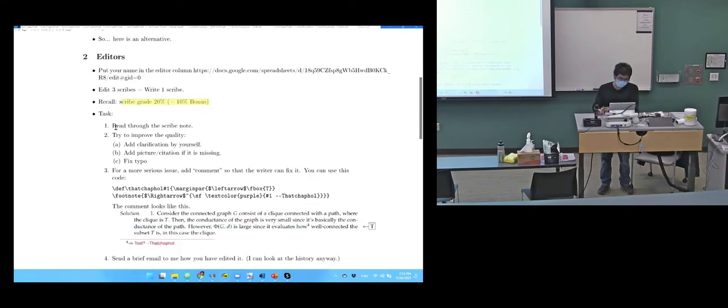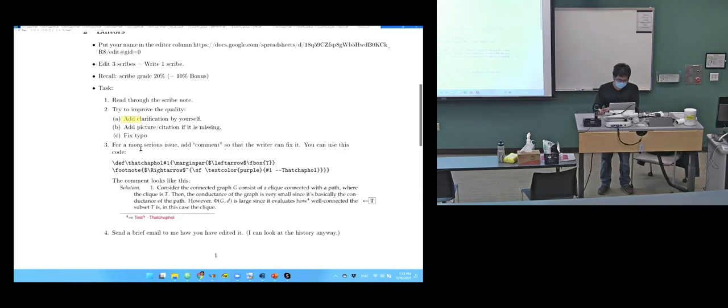The task is just to read through the scribe and try to improve the quality when you see what can be improved: add some clarification, add pictures, fix typos, and so on. If there are more serious issues, you can try to handle things by yourself, but if you want to ask the writers to fix something because it requires too much work, you can add a comment like this.